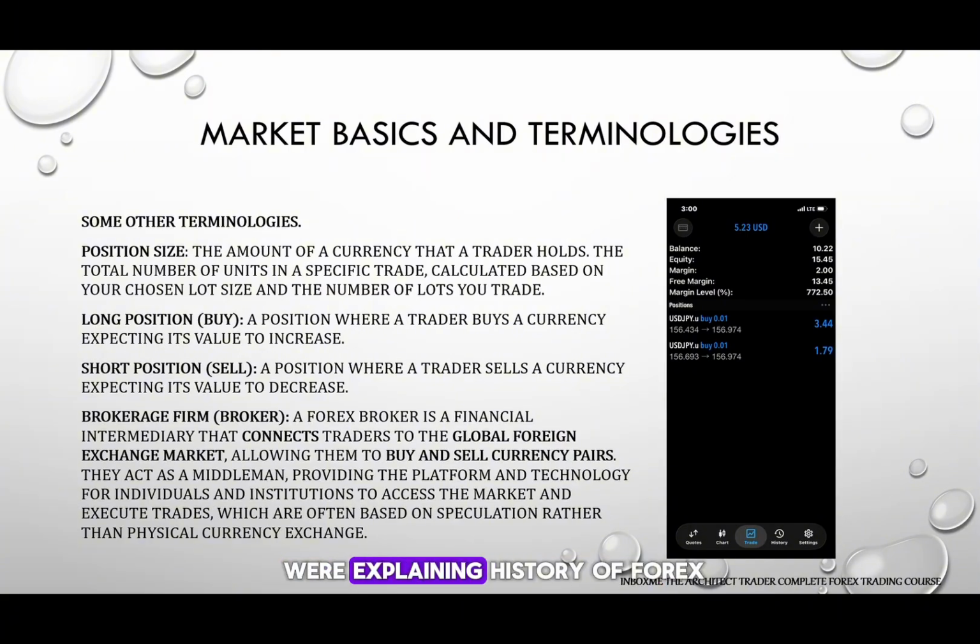When we were explaining the history of forex, we said technology has evolved, now allowing everybody to trade. Now they bring it to individuals and institutions so that they can access the market and execute trades, which are often based on speculation and analysis rather than physical currency exchange.